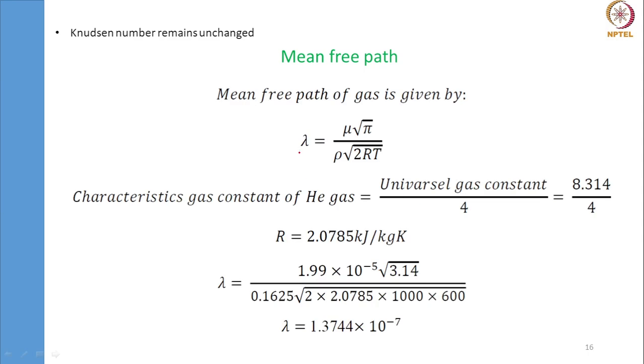We know the formula for mean free path, lambda equals mu times root pi by rho into root 2 RT. The characteristic gas constant of helium is 2.07 kilojoule per kg Kelvin, that we have already found. So for a temperature of 600 Kelvin, once you plug the value of 600 in this formula, we get that the mean free path of helium is about 0.137 microns.